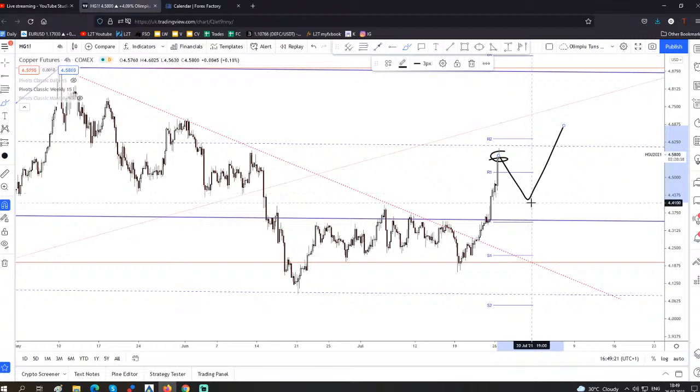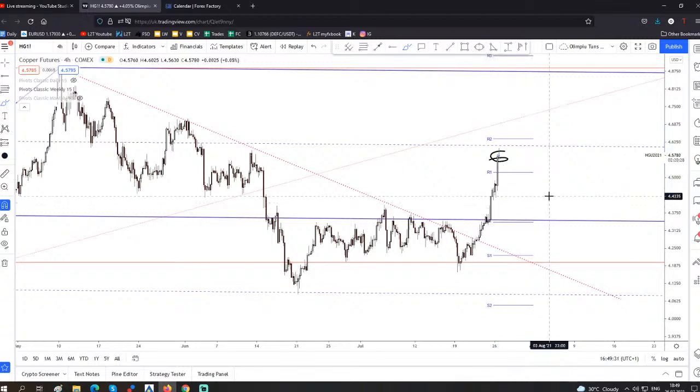We try to identify high probability trades with great risk to reward ratio, because you don't want to buy it here, place a stop loss here, and the price to drop and stay with your trade.